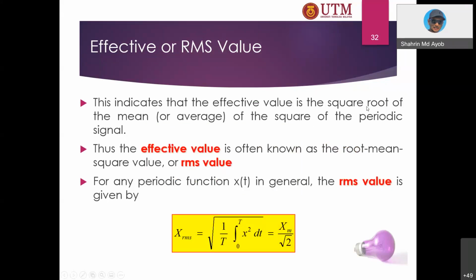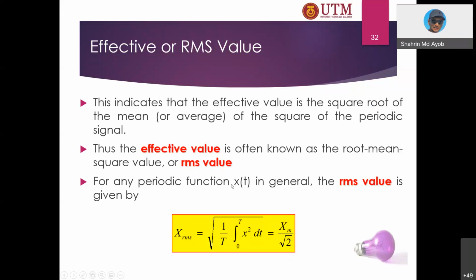Because of that, the effective value is also known as root mean square. This is the origin of RMS: root mean square, because it comes from the square root. Sometimes the short form is just RMS.